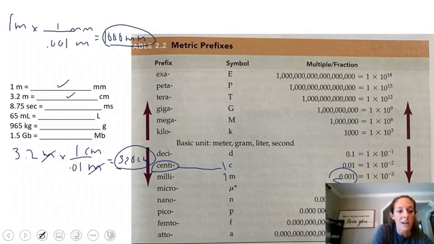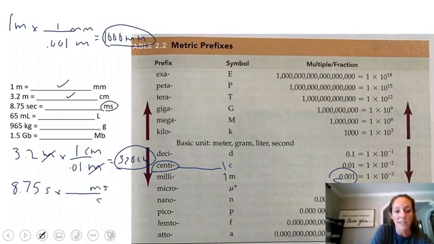The third one, 8.75 seconds. What do I want? I want milliseconds. What have I got? I've got seconds. So I'm going to go back to milli. We said right here that we knew that 1 millisecond was 0.001 seconds.